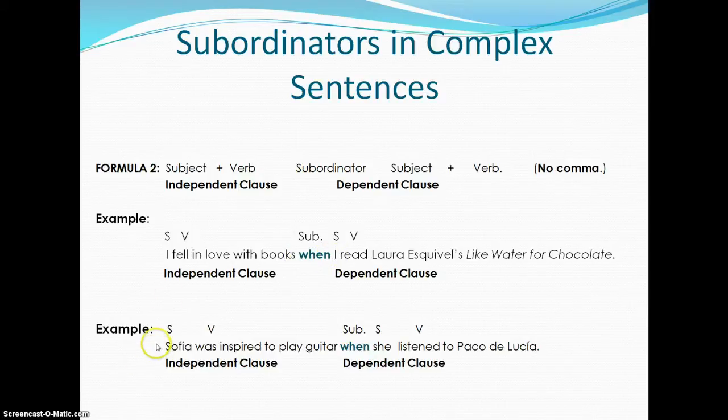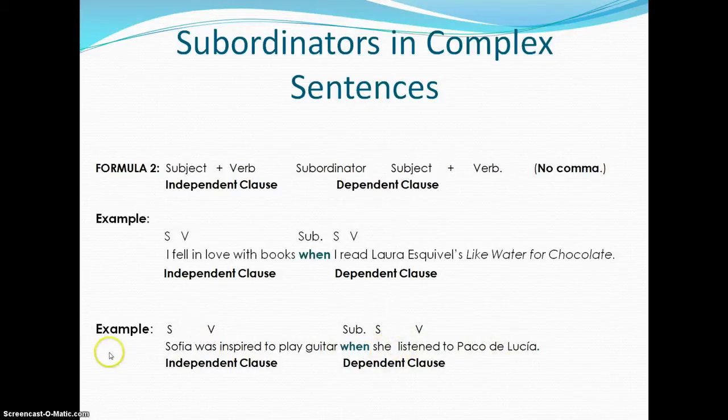In our second example, we have an independent clause and a dependent clause: Sofia was inspired to play guitar when she listened to Paco de Lucia. We have a subject and a verb, our subordinator, when, and she listened to Paco de Lucia.